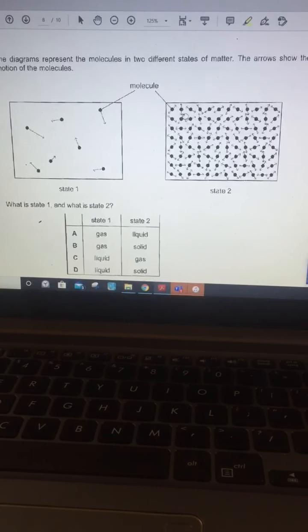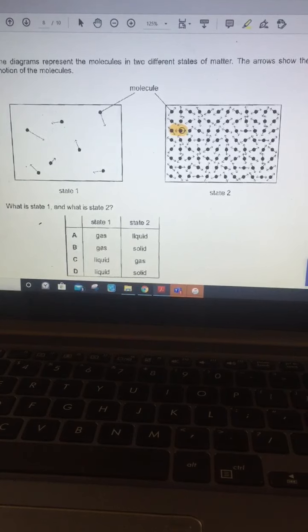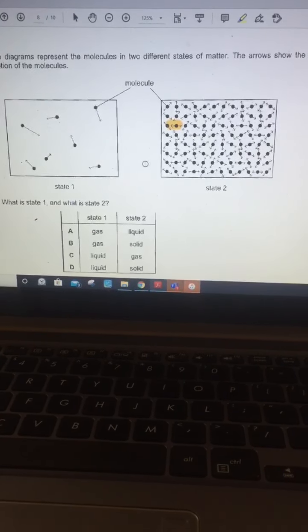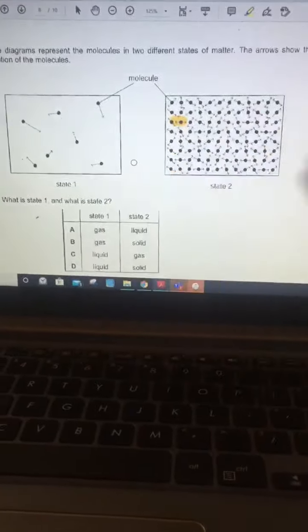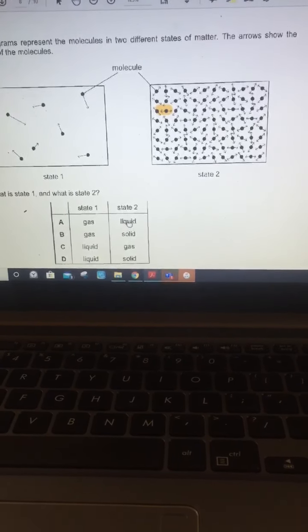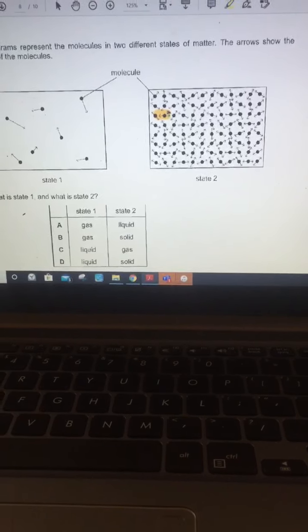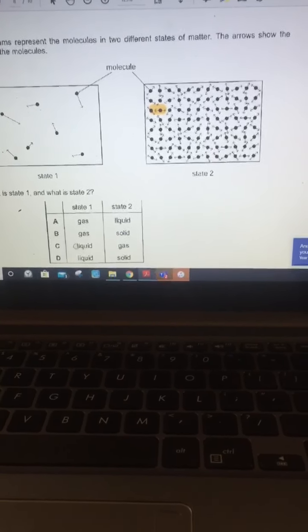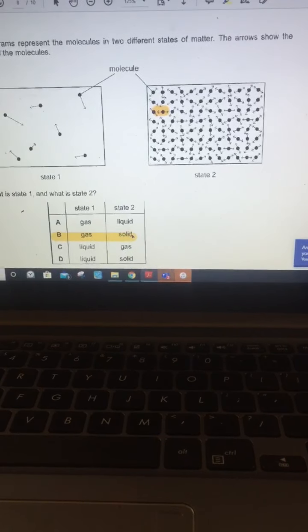But in state 2 you can see that the arrow is in both directions, which means that the particle is vibrating. The particle is vibrating, not moving randomly. That's why the arrow is in two directions. This vibration from a fixed position happens in the case of solids, so it's gas and solid, so the answer is B.